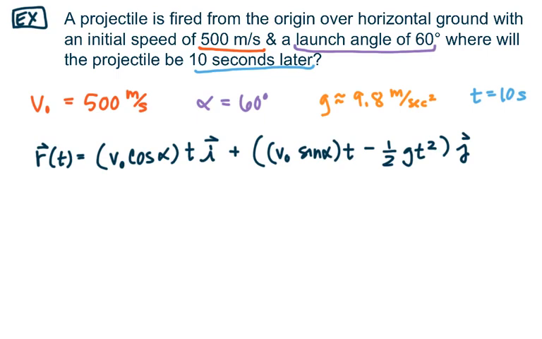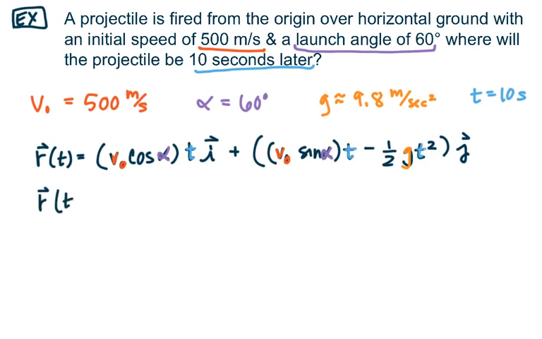So we're just going to plug our values in. We know what our v naughts are, I know what my alphas are, I know what g is, and I know what my t values are.